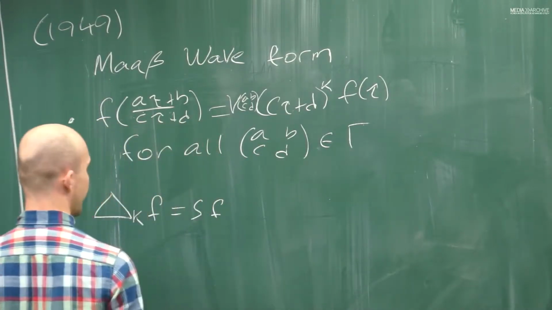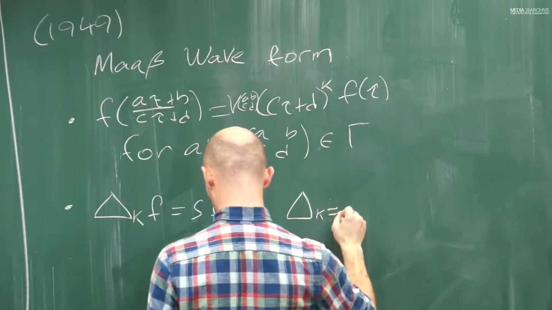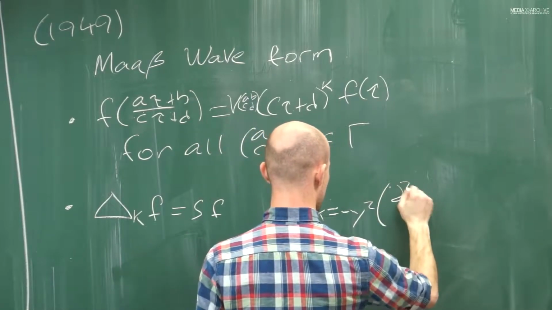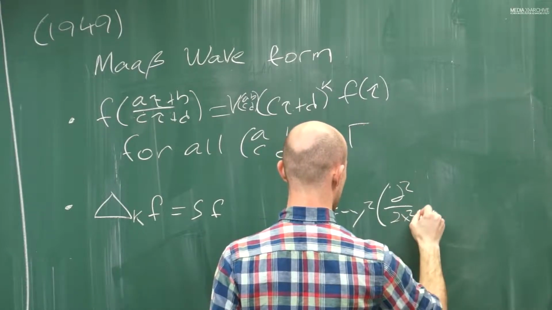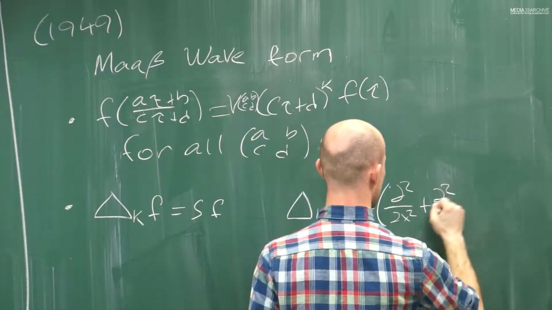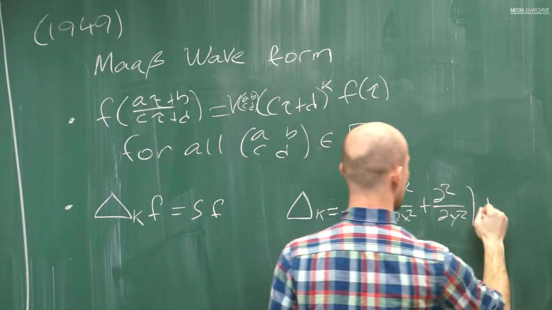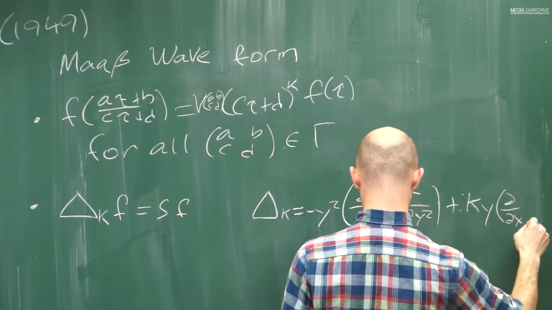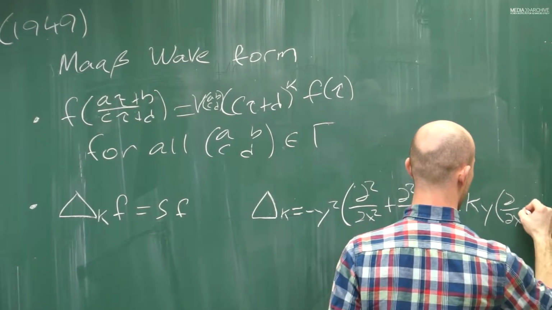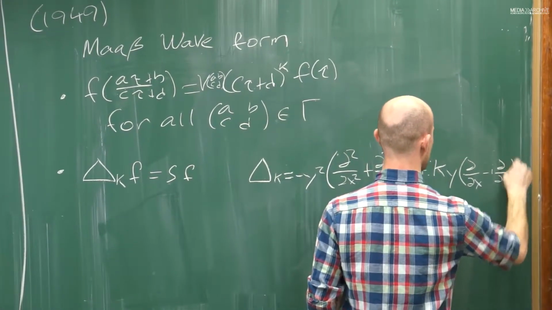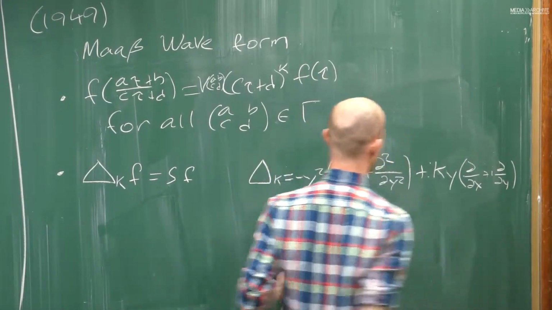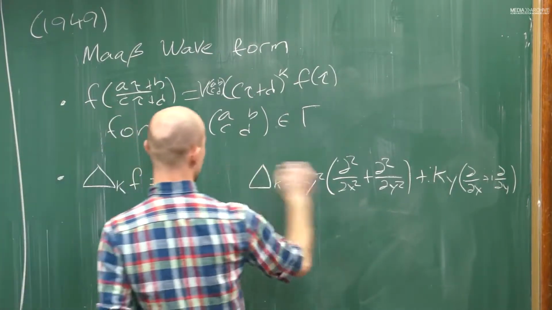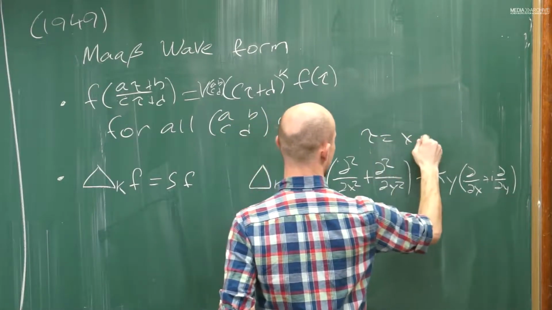Here, delta sub k is equal to minus y squared times (partial squared over partial x squared plus partial squared over partial y squared) plus i k y times partial over partial x, and here tau is equal to x plus i y.